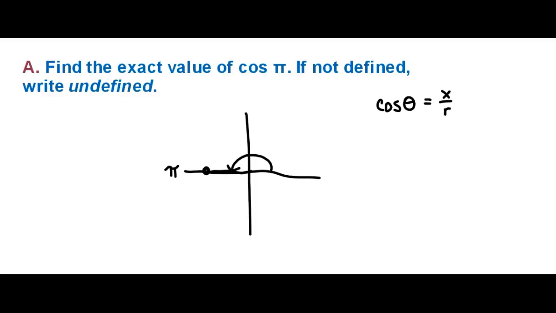So essentially, I have negative whatever you want to choose over that same value. So a convenient point to choose here would be -1, 0. So my cosine of theta is -1 over 1, which would be -1.